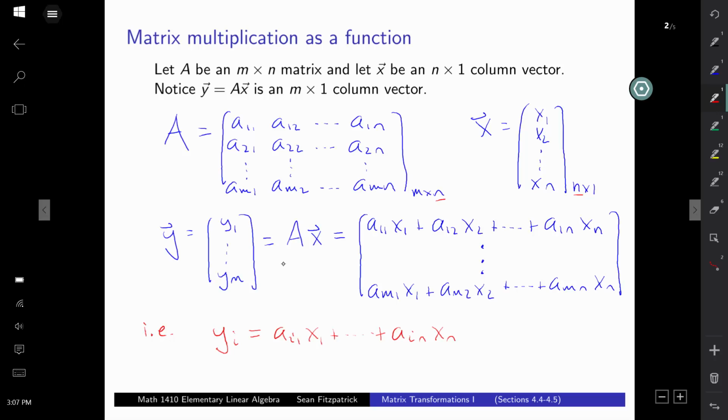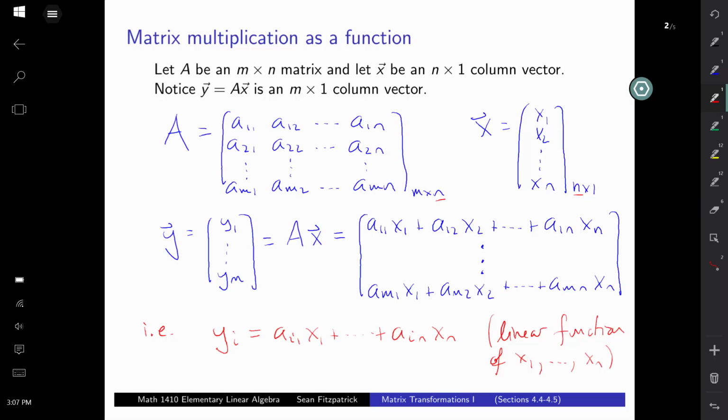We can think of this as a linear function of these variables x1 down to xn. Basically you start with n variables, x1 down to xn, and you have m new variables, y1 down to ym, and so you can think of this, if you like, as a function, right?